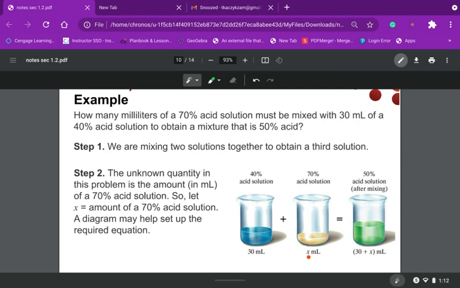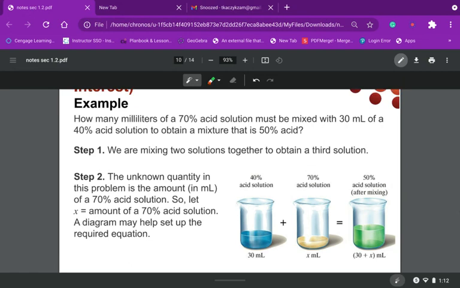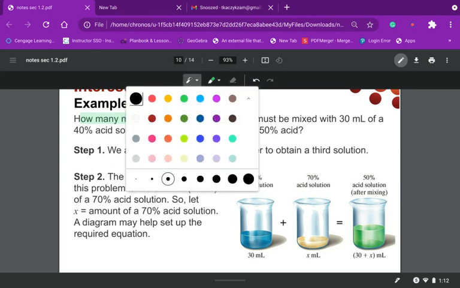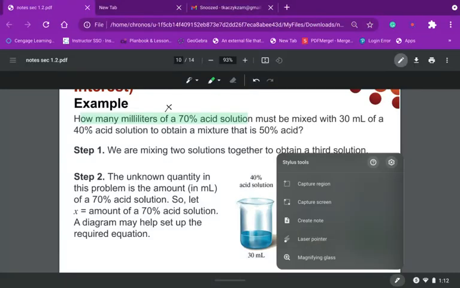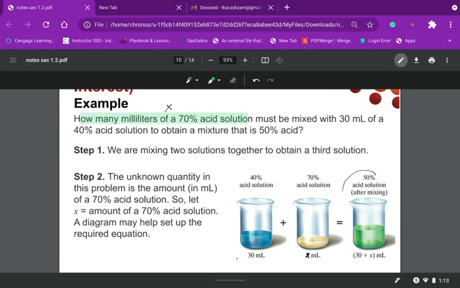That's why you see that X here, because they're asking you how many milliliters of 70% acid solution. So this is our X. This is our variable. That's why you see that X right here. And we must mix to get a brand new solution which will have 50% of acid.